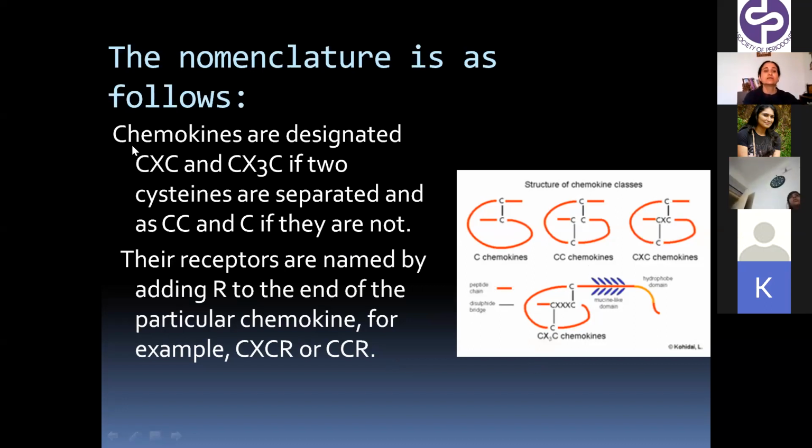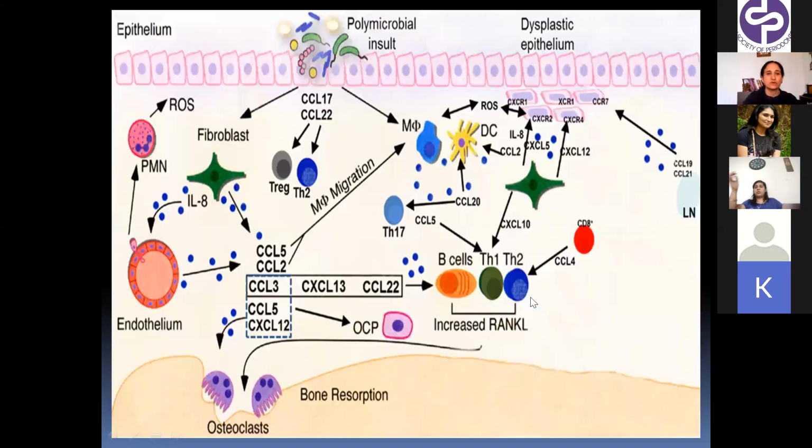So these nomenclatures are important from the point of view of the structure of these chemokines. If you see CCL5, CCL2, you should know that CC means there is no distance between the two C residues. So these are the different types of cytokines that are released, elaborated by all types of cells, and they affect all types of cells.